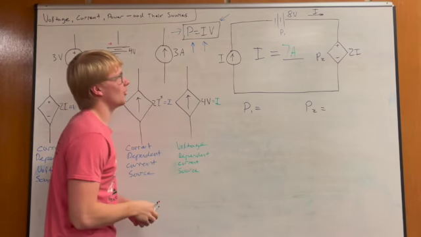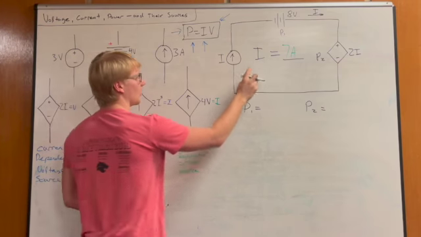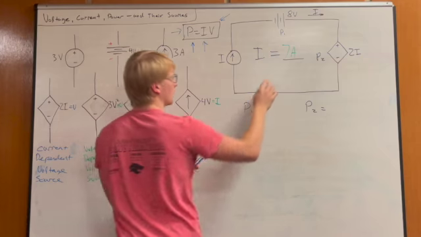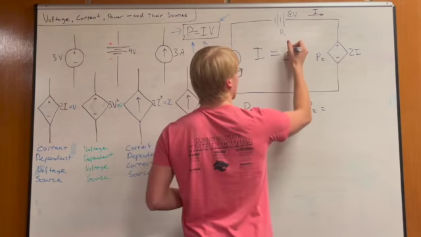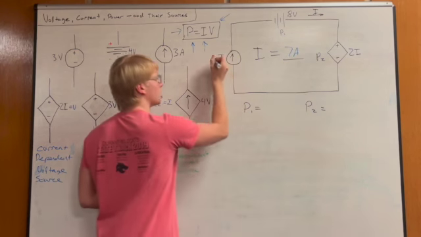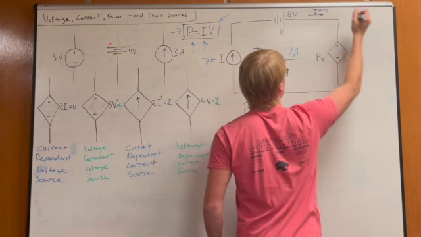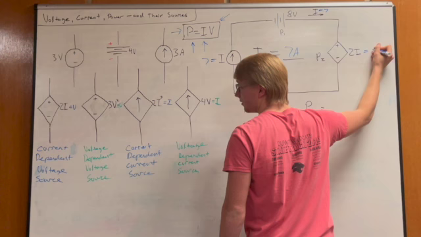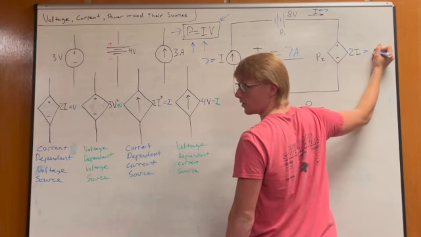Okay, since I is 7 amps, I'm going to do it in blue. This is going to be 7, that's going to be 7, and this is going to be 2 times 7. What's 2 times 7? 14.